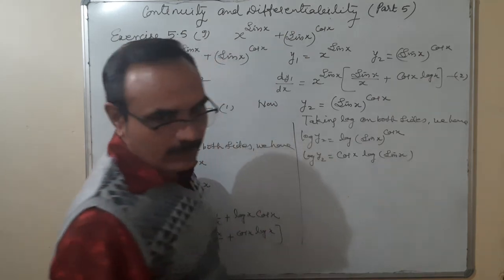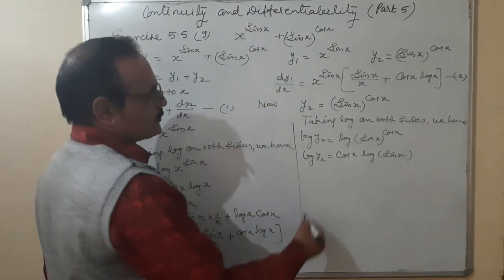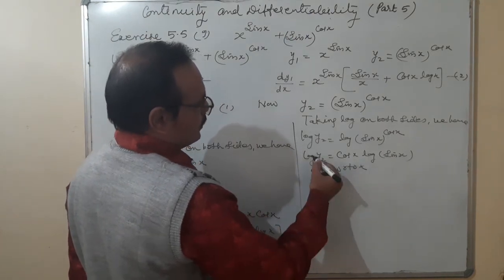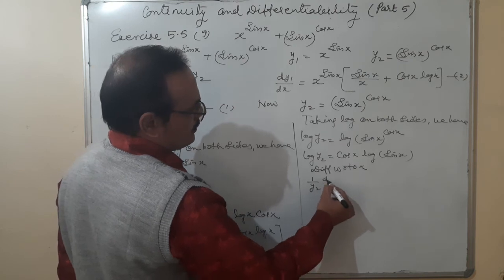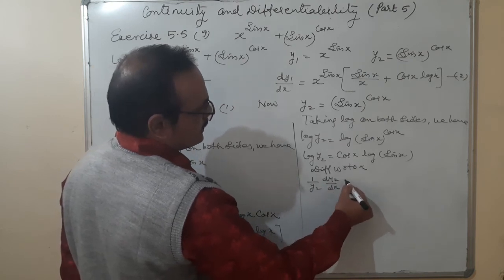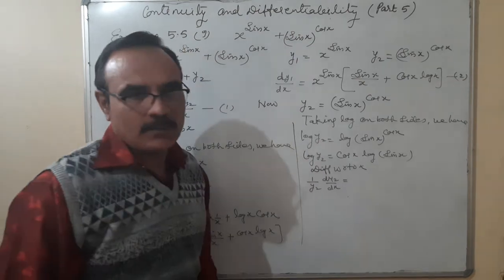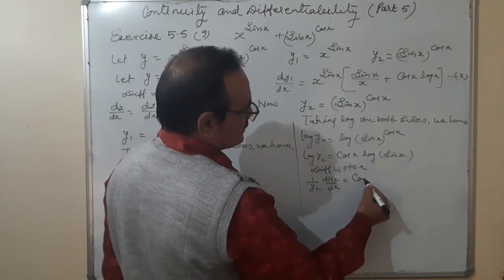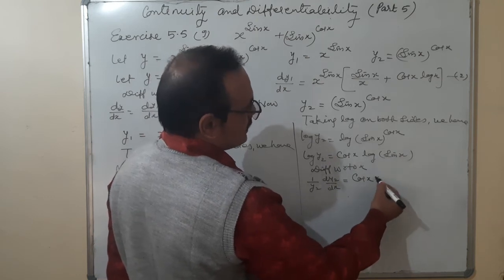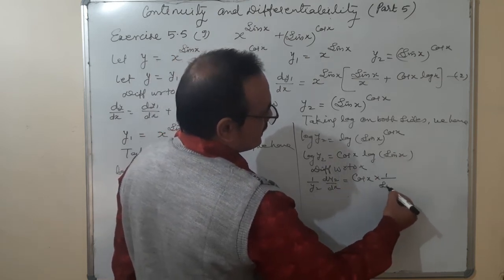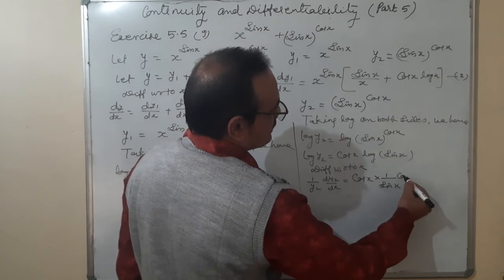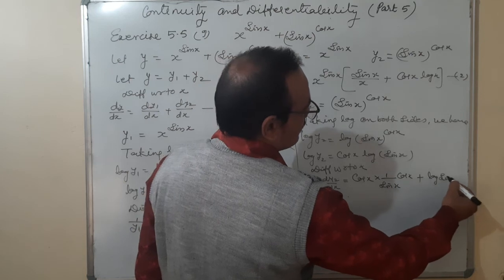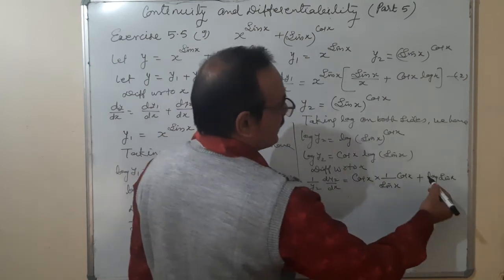Differentiate with respect to x. 1 upon y2 dy2 by dx is equal to, here again using the product rule, first function cos x as it is, differentiation of second function log sine x, 1 upon sine x, and the differentiation of sine x is cos x, plus second function log sine x, and differentiation of cos x is minus sine x.